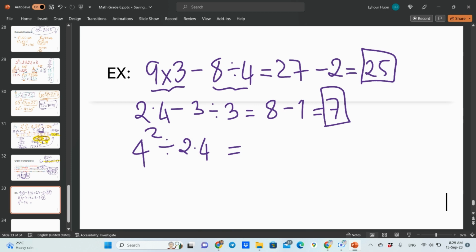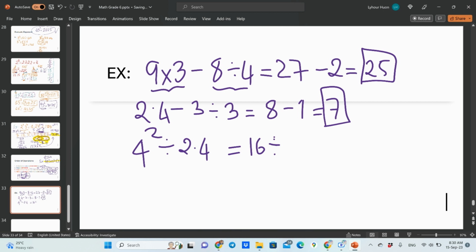First, we do the exponents, since we don't have parentheses. 4 squared is 4 times 4, which is 16. Not 16 divided by 8 which equals 2. Wait, that's what everyone mistakes.